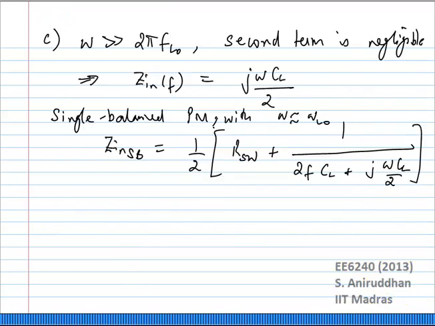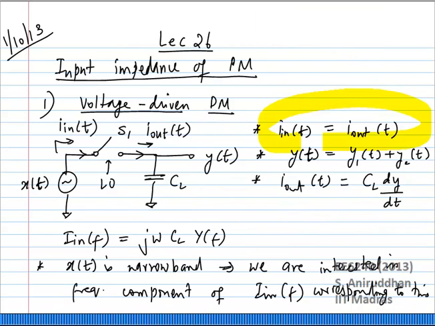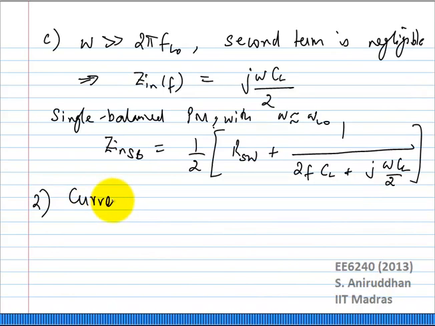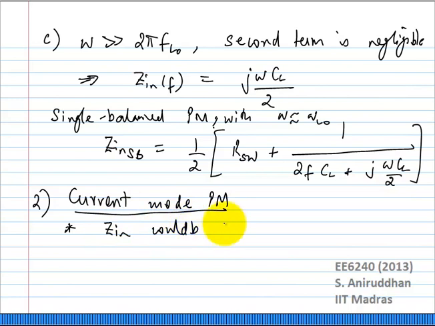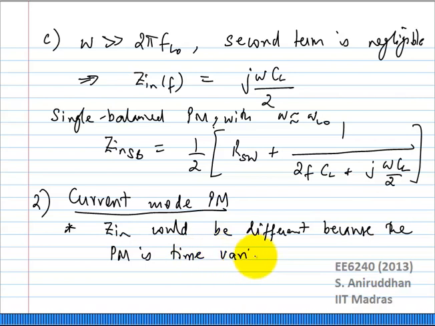So this is for a voltage mode circuit. Now for a current mode passive mixer, we already made a couple of observations, which was Zn could be different because the passive mixer is time variant.